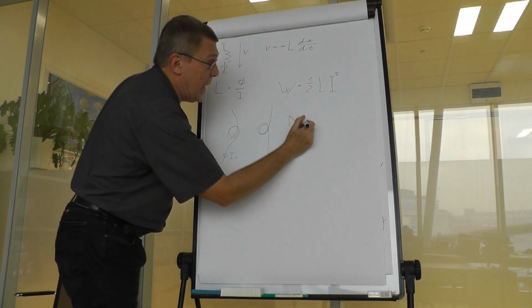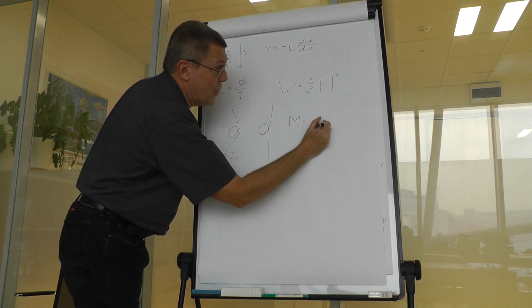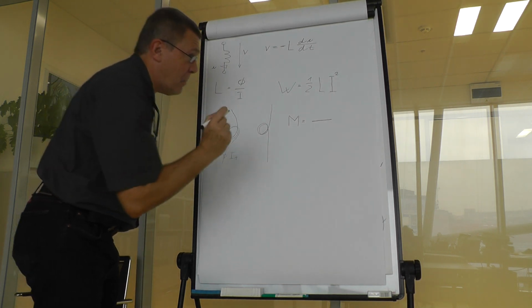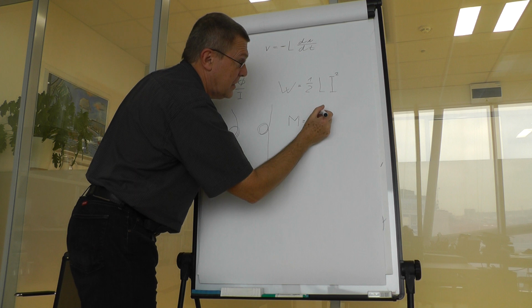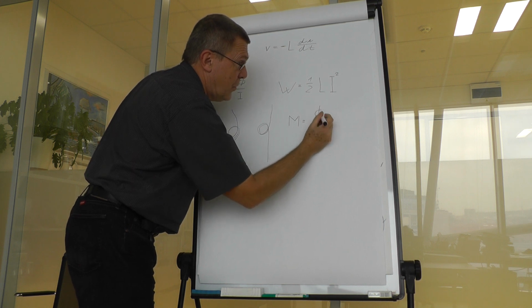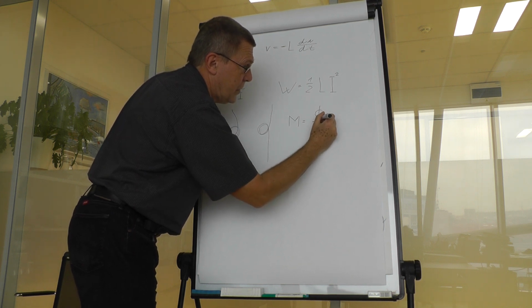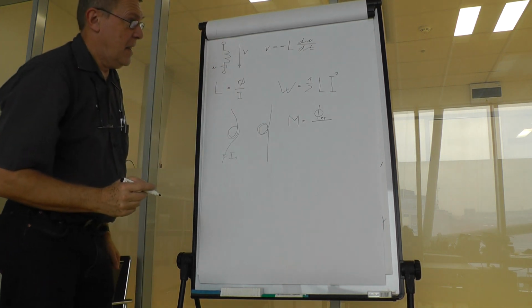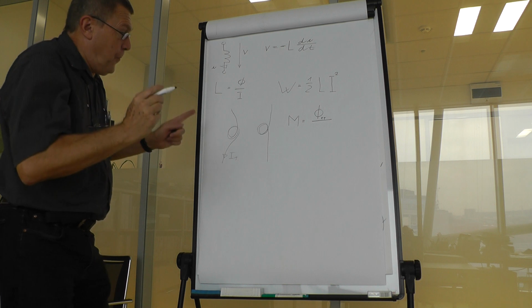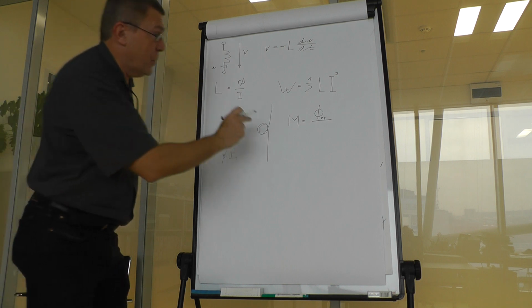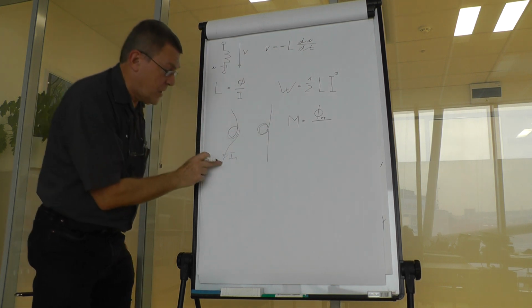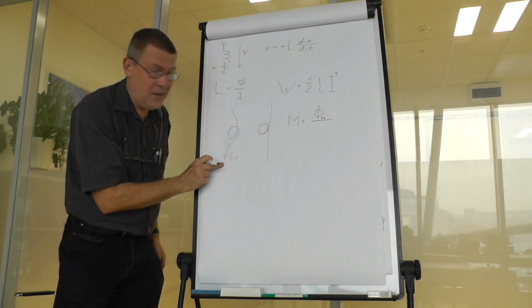But now we have in the ratio the magnetic flux phi 2-1, which is the flux which flows through the second conductor loop, but is caused by the first conductor current.